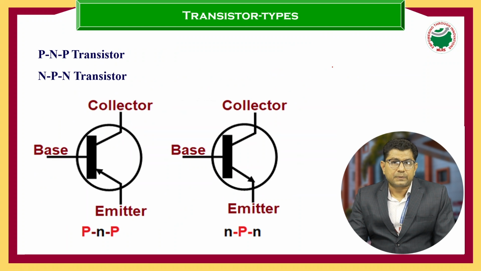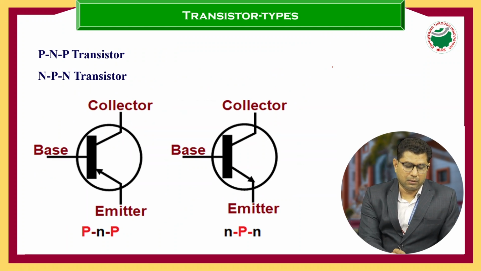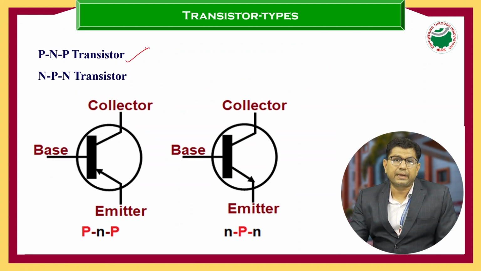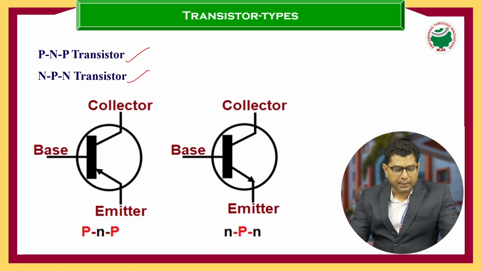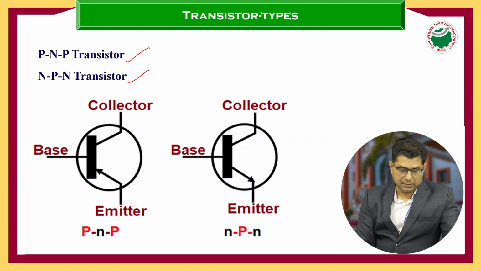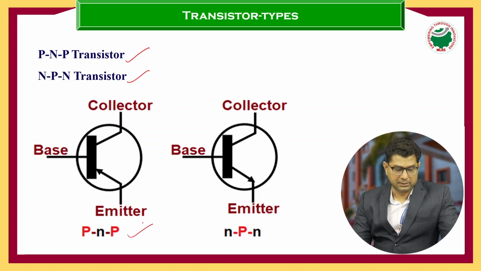There are two types of transistors available. The first one is the PNP transistor, where an N-type semiconductor is sandwiched between two P-type semiconductors. Another one is the NPN transistor, where a P-type semiconductor is sandwiched between two N-type semiconductors. See the circuit symbol here for the PNP transistor.